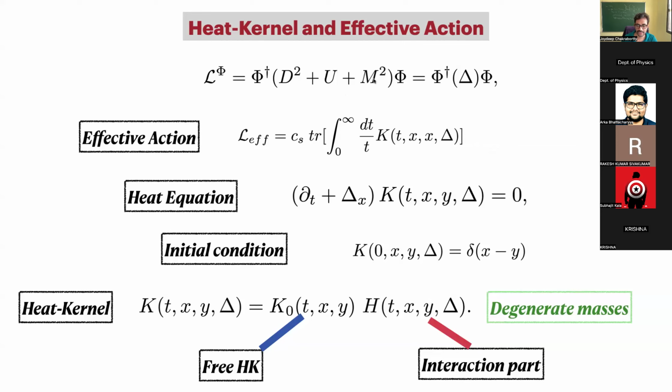If M squared is degenerate, then M squared is proportional to identity, so it commutes with U. But if M squared is not degenerate, if different masses of heavy fields are there, then it's not guaranteed that it commutes with U. It is diagonal, but not proportional to identity. That's why it will not commute with U, and we cannot decompose in this way. I will tell you how to do that, but let's start with the simplest one.